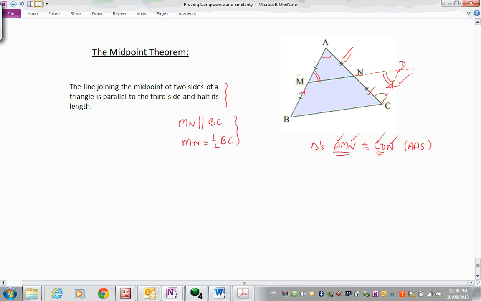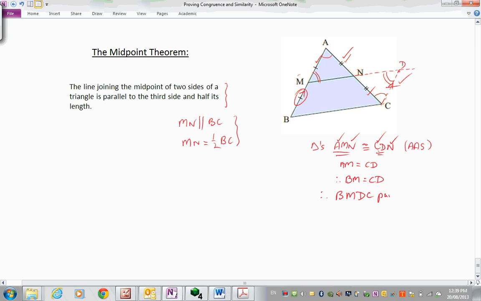So that equals this one up here, also equals that. So now we have a parallelogram. If we put that, AM equals CD, therefore BM equals CD, therefore we've got a parallelogram.